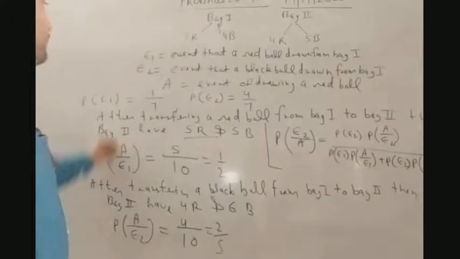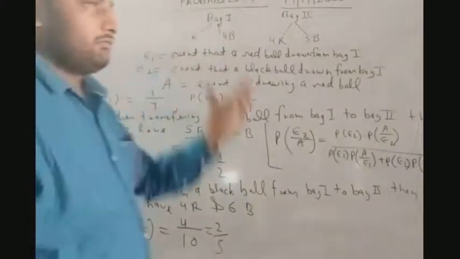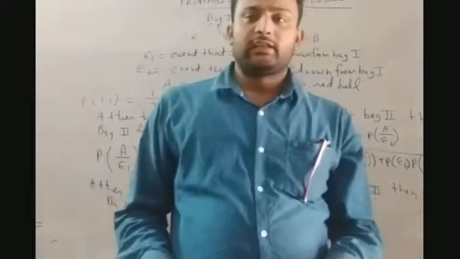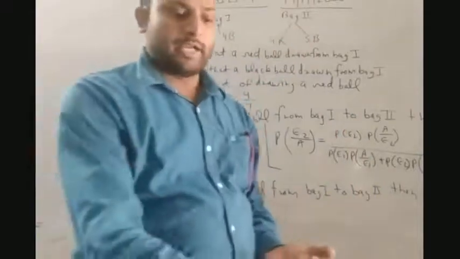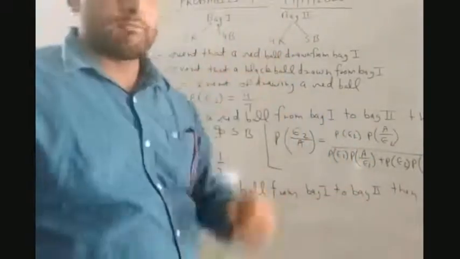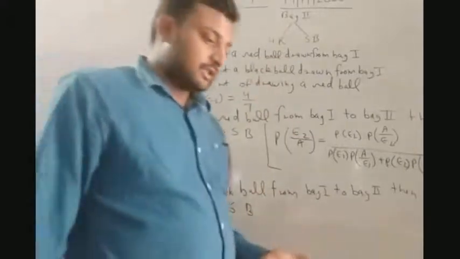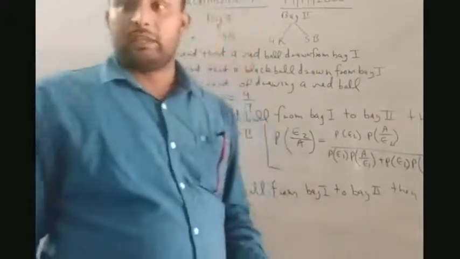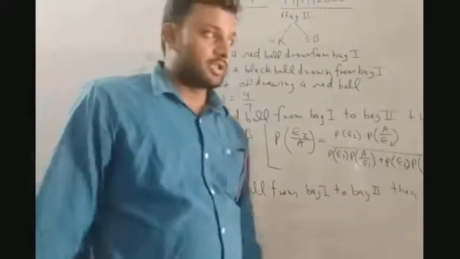So we don't know which type of ball it is. We have taken the first condition that we are drawing a red ball from bag first, and the second condition is that it may be black, because both balls are present there.